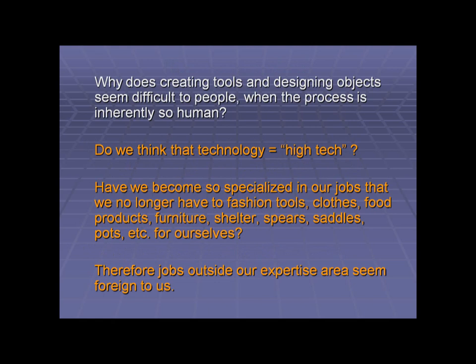Why does creating tools and designing objects seem difficult to people when the process is inherently so human? Do we think that technology is high tech? Have we become too specialized in our jobs that we no longer have to fashion tools, clothes, food products, furniture, shelter, spears, saddles, pots, etc. for ourselves?